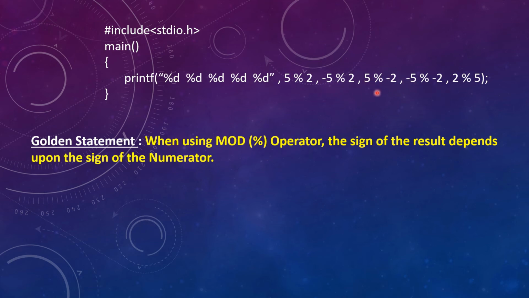Similarly for 5 mod minus 2, the remainder will be 1 again, but this time the sign will not be minus because it is in the denominator, right? The sign depends upon the numerator, so the sign here is plus, so plus 1 is again the answer. Similarly here minus 1, okay? Don't look at the sign of the denominator, it is not required, you just need to see the sign of the numerator. So this is the trick, okay? Now here 2 mod 5 is only 2, okay?